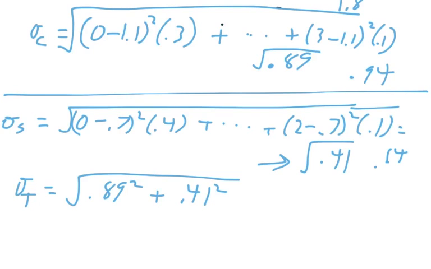So 0.89 squared plus 0.41 squared, square root. So this is 0.98. So she can be expected to be off by about 0.98 vehicles, almost one vehicle per day. And you can think about that like the Pythagorean theorem when dealing with standard deviation of two different independent random variables.